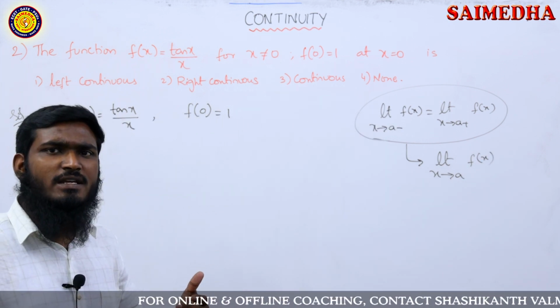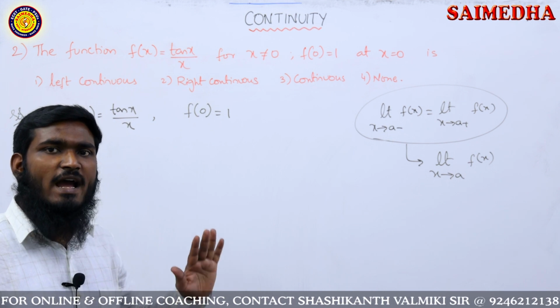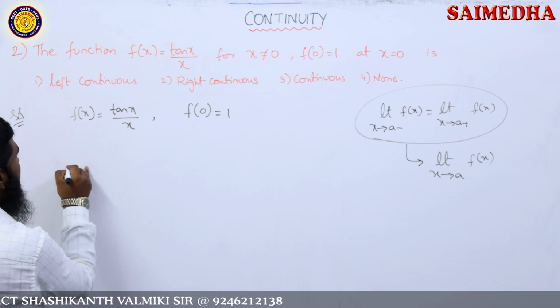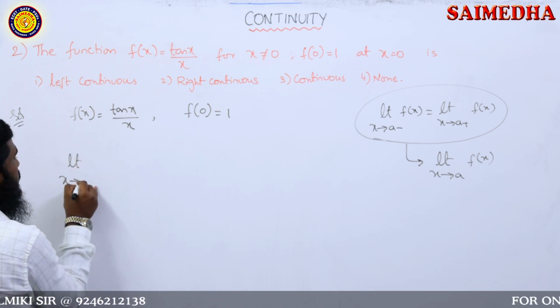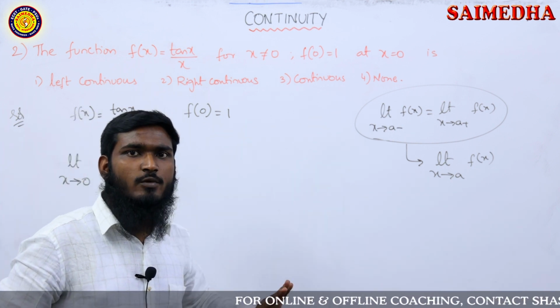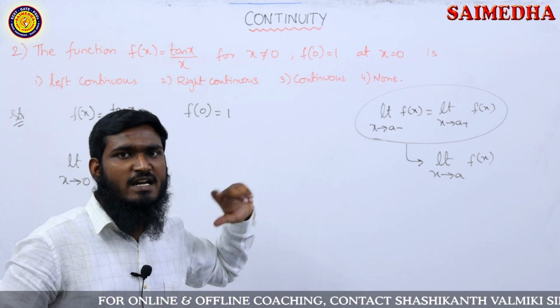So as we have the standard limit, as per that standard limit, we can write this part simply as limit x tends to 0. If you want to find the LHL value and RHL value, it will be the same only if you use the standard limit there.